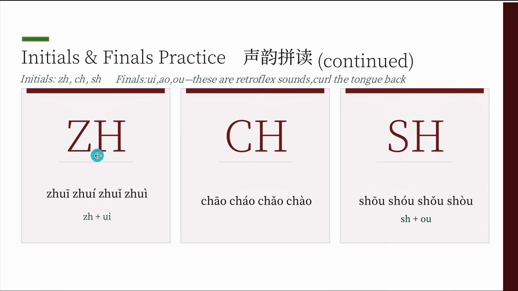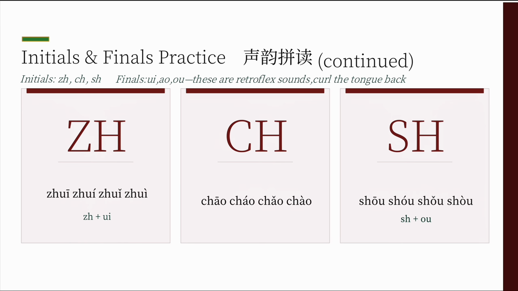Ju, chu, shu. So these are retroflex sounds. It means that when you're pronouncing them, your tongue has to coil backwards and upwards, almost touching the roof of your mouth. It coils upwards, not downwards.